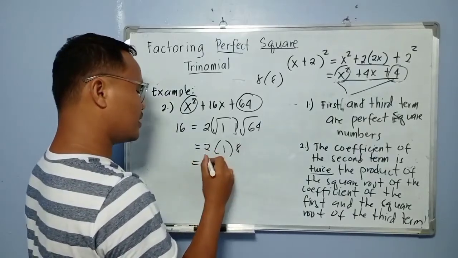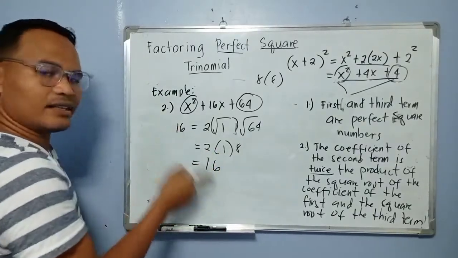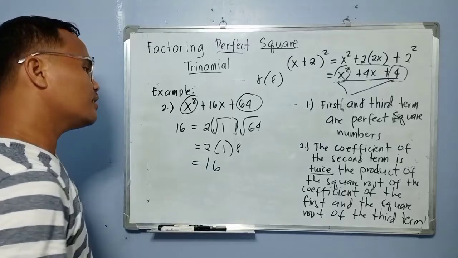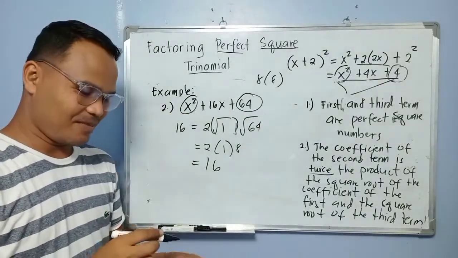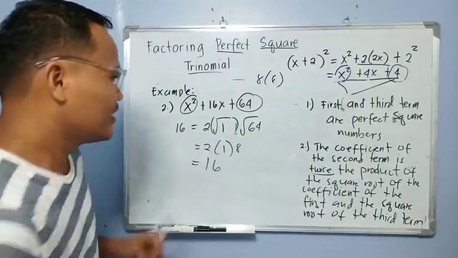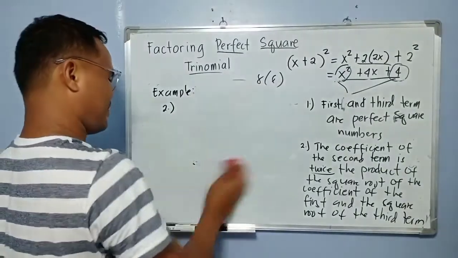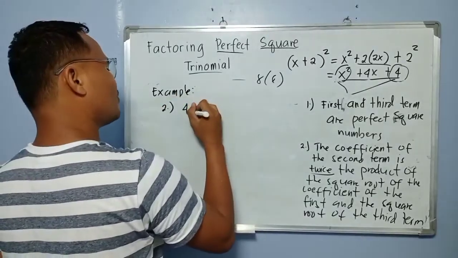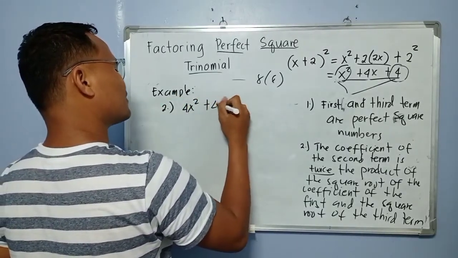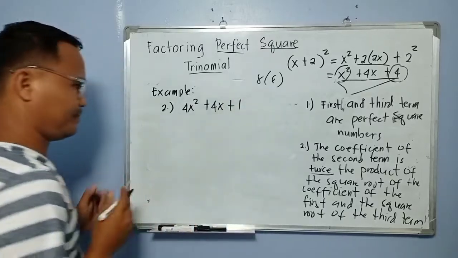Multiply these three numbers, the result is 16. So these numbers are equal. Therefore, this trinomial is a perfect square trinomial. Okay, another example. We have, let's say, 4x squared plus 4x plus 1.